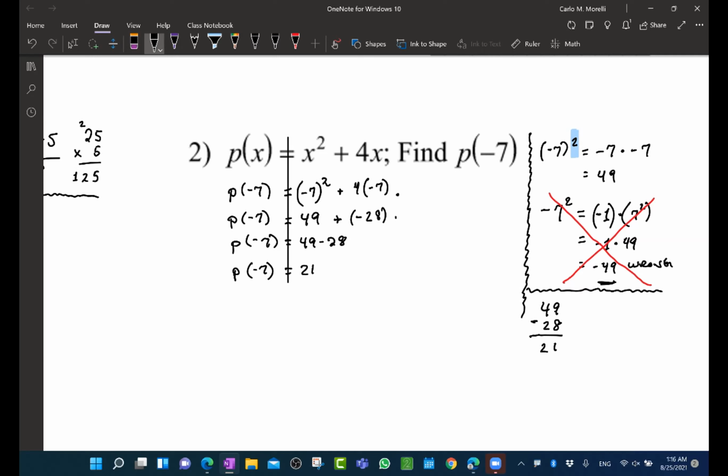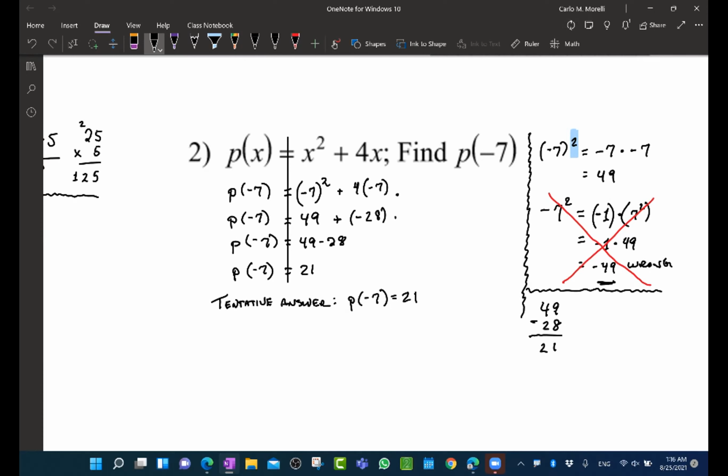Okay, so our tentative answer is that P of negative 7 equals 21.